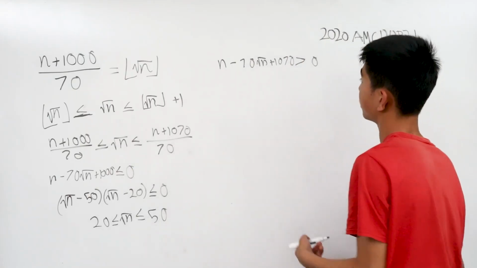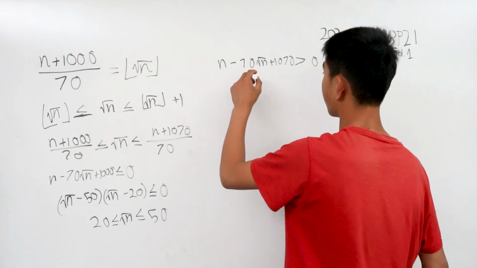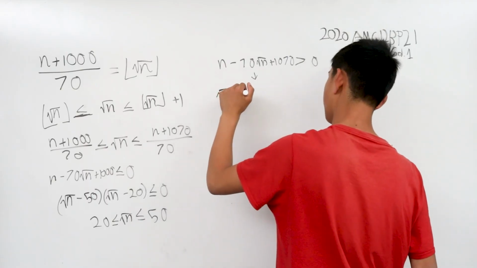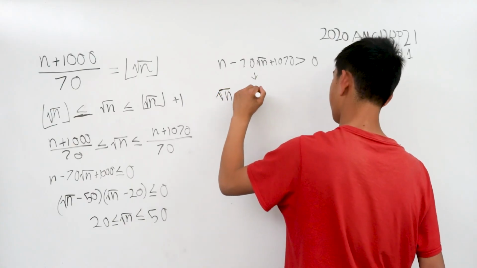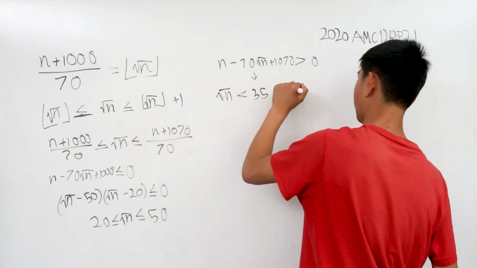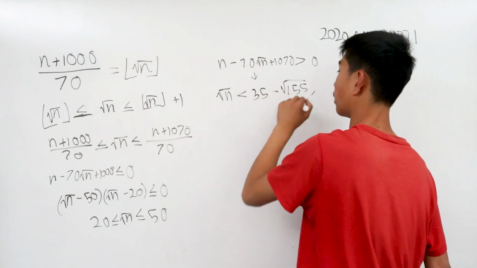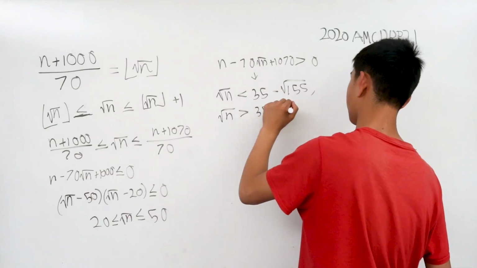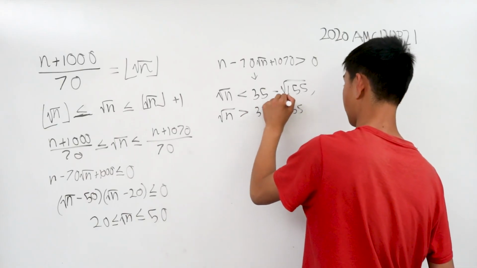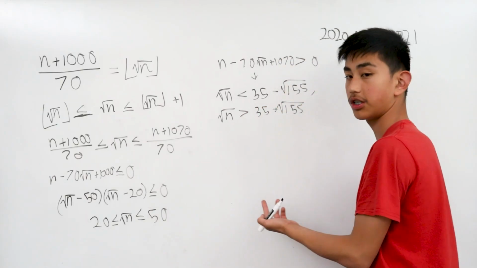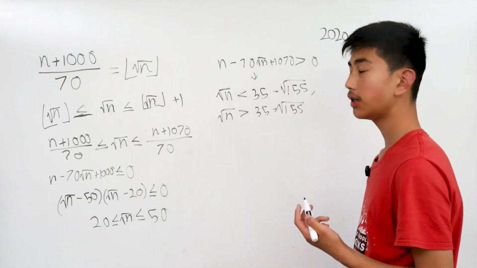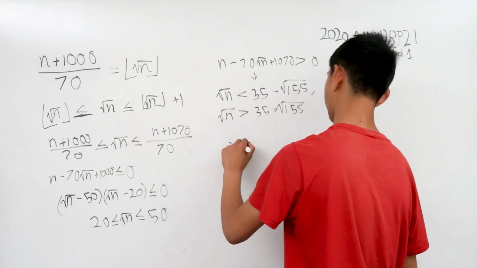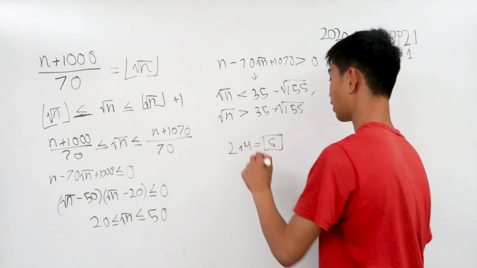This yields that the square root of n is either less than 35 minus the square root of 155, or the square root of n is greater than 35 plus the square root of 155. So now one of these yields 2 solutions and the other yields 4. So 2 plus 4 is simply 6. 6 solutions is our answer.